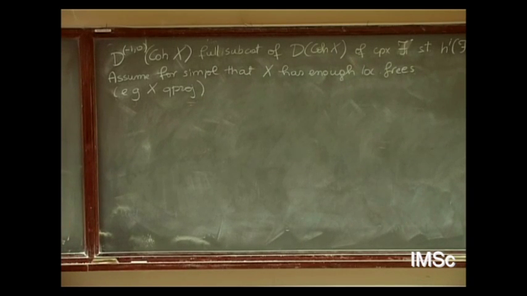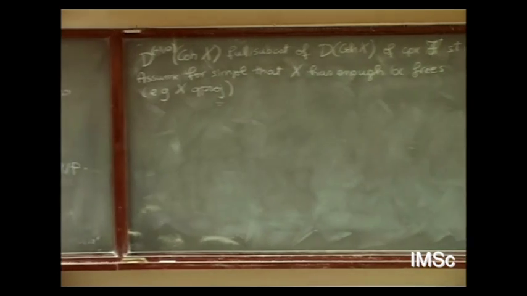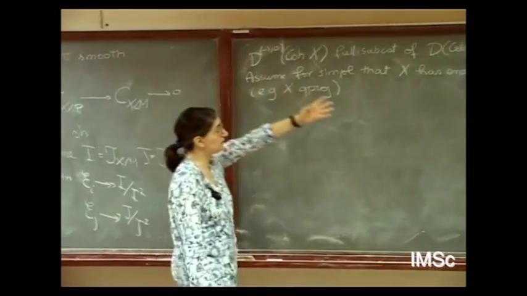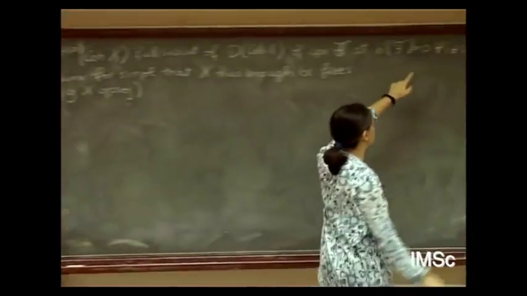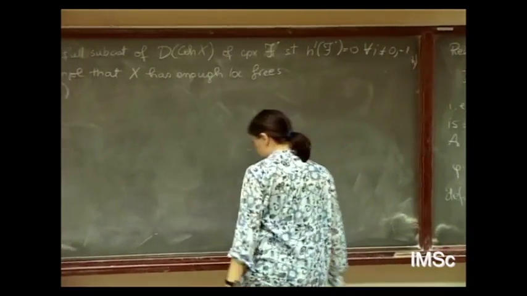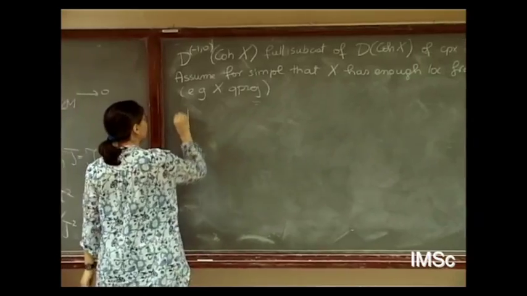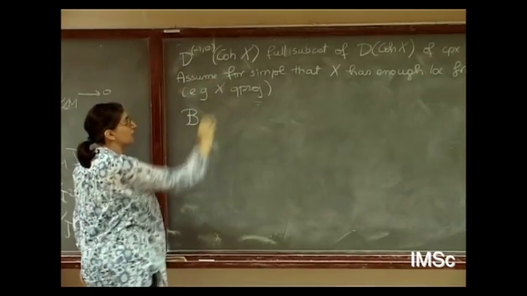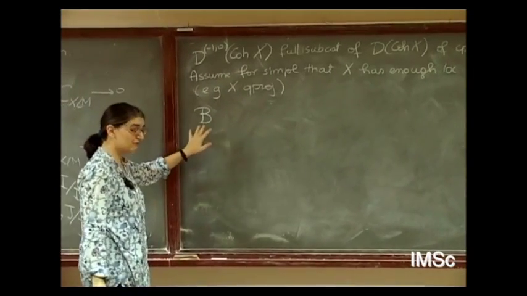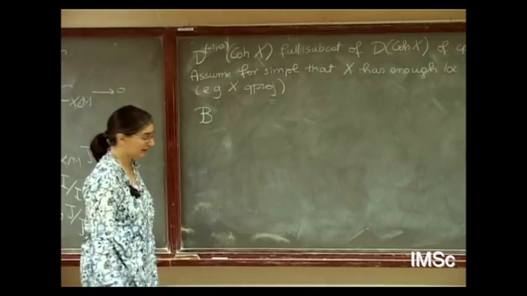Okay, then there is a natural category which gives me a map to the category of complexes which have only 0 and -1 cohomology. So I can make some stupid category, let me call this B, because this will not be quite a category in the end.